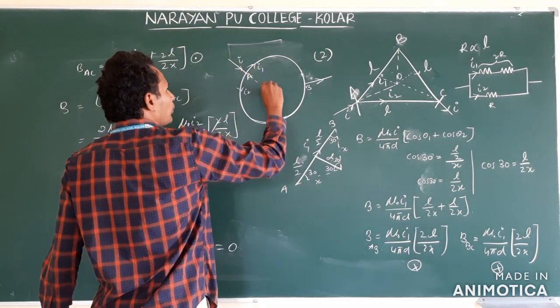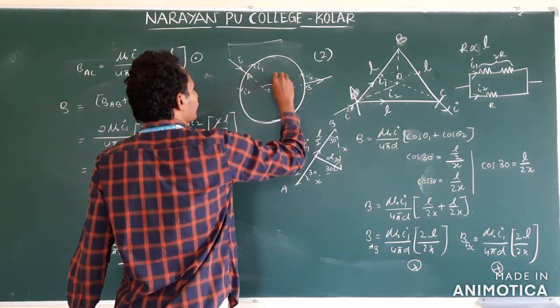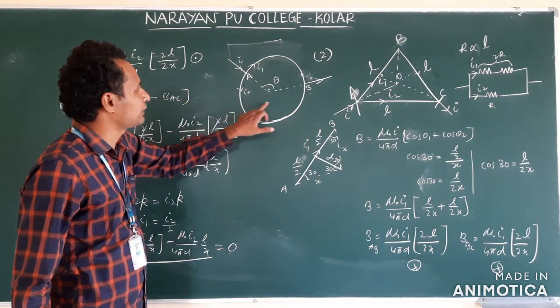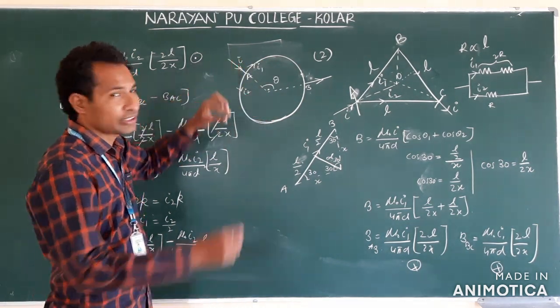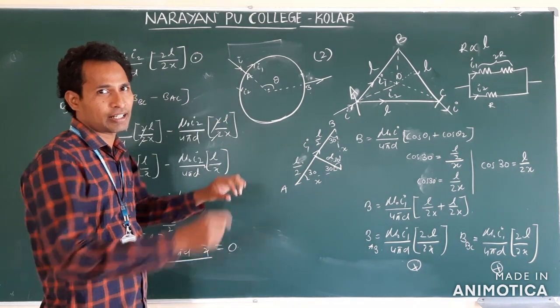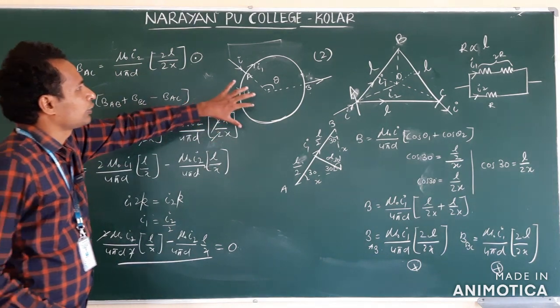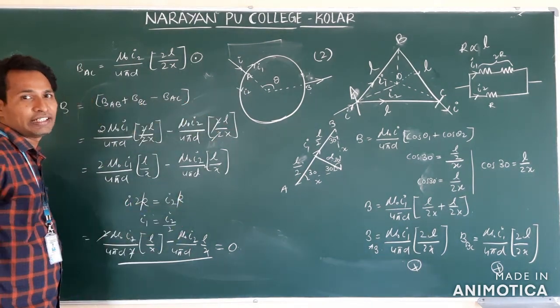Sometimes they also provide this angle. No matter, this is one length and this is another length, but this combination is a parallel combination. In parallel combination, potential is constant. Then we get net field as 0.